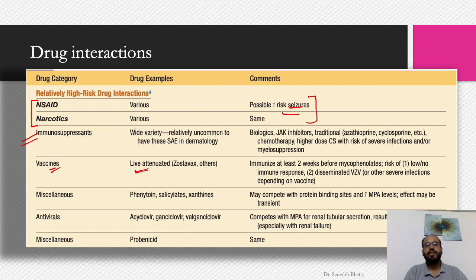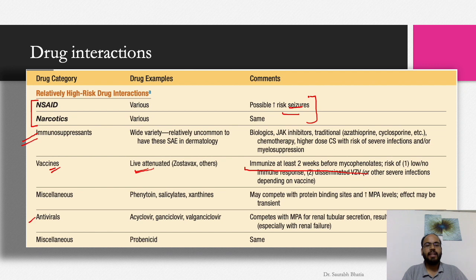Live attenuated vaccines will lead to reactivation of the infections from the vaccine, and killed vaccines, when given along with MMF therapy, have been found to show less seroconversion in the patient. So it is advised to immunize at least 2 weeks prior to MMF usage.